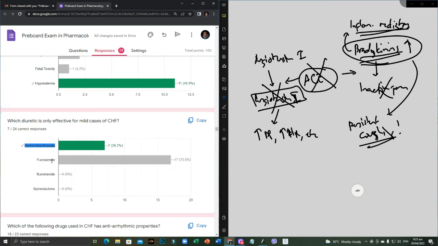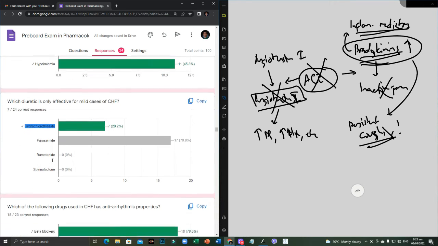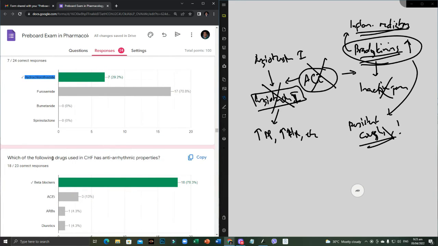Okay, it's a very potent diuretic drug. Hydrochlorothiazide is just a mild diuretic. That's why it's often used for hypertension. But it can also be used for CHF, but only during the mild stages of CHF.